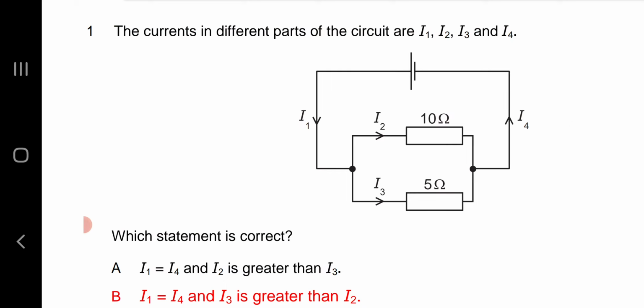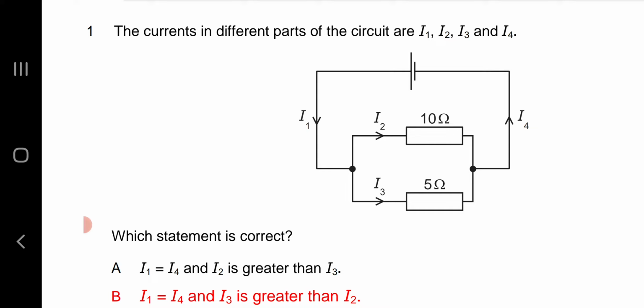Okay, question number 1. The currents in different parts of the circuit are I1, I2, I3 and I4. Which statement is correct? You can see I1 is equal to I4. These are the total current coming from the battery and going back to the battery, whereas I2 and I3 are the branch currents.